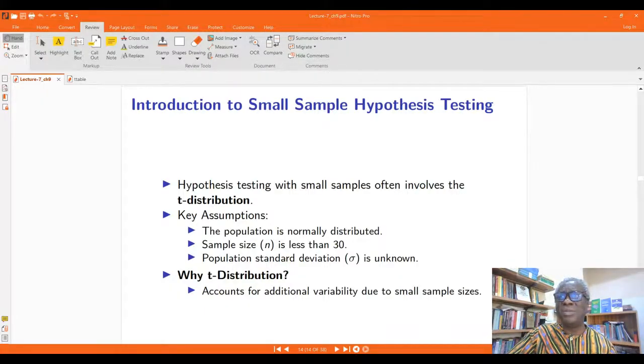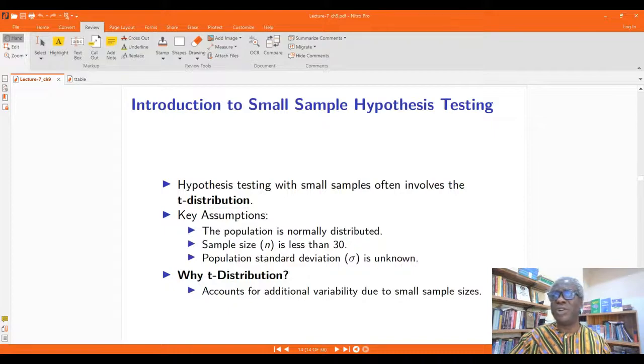So why are we using it? Because the sample size is small and the population is normally distributed, and we don't know the population standard deviation. So the reason why the t-distribution is preferred is because it accounts for additional variability due to small sample sizes.